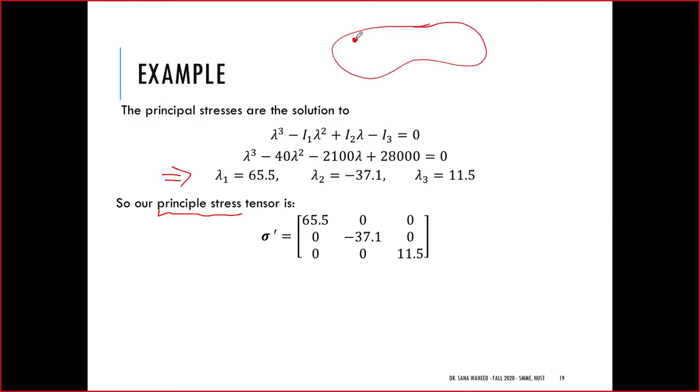If I write down the stress tensor at that same point, but using the principal stresses, then मेरा stress tensor is this one right here. Why? Because we know कि जब principal stresses होते हैं तो principal planes पे कोई shear stress नहीं होता, सिर्फ वही normal stresses ही होते हैं. And that's why it's only the diagonal terms जिनके ऊपर हमारी वो principal values आ जाती हैं.